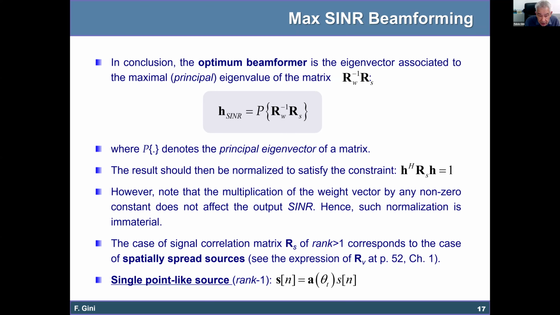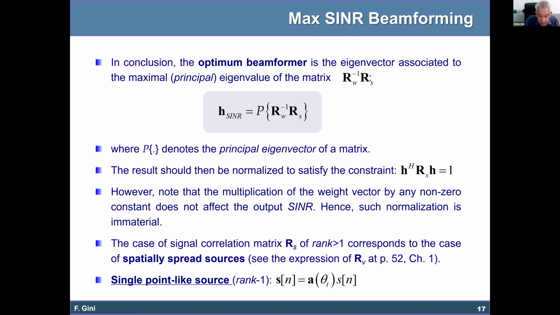And actually, this solution does not rely on the assumption that the signal is a point-like signal. So it does not rely on the assumption that RS has the classical rank 1 structure. So this is the optimal beamformer, whatever the structure of the signal correlation matrix.